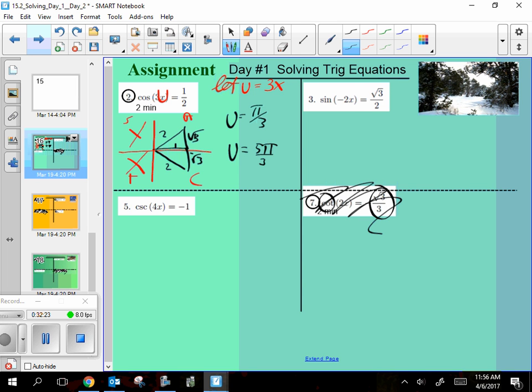I think I'm right. Okay, good. Then I got to put the plus 2 pi k. And then last thing, this was made simpler by letting u equal 3x. So now we have to let u equal 3x, and then solve that. I'm going to leave you something on that first one. Finish that off. All right.